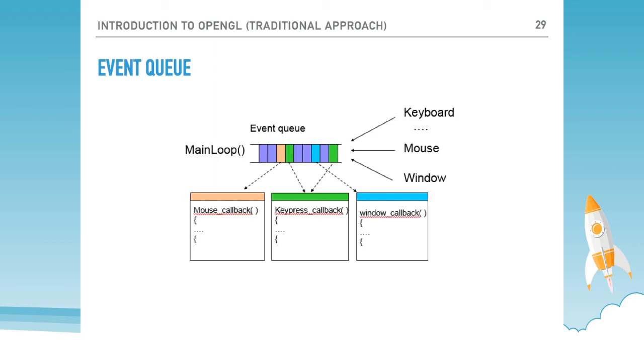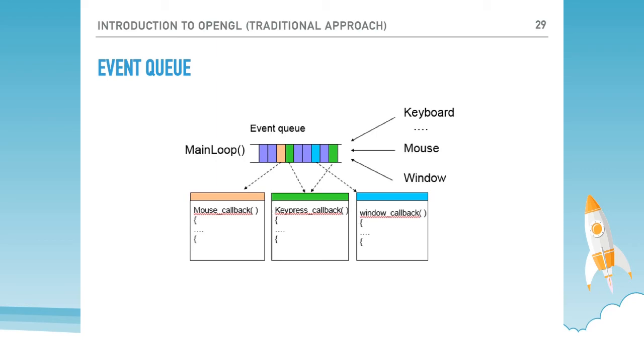In each pass through the event loop, GLUT will look at the events in the queue. For each event in the queue, GLUT will execute the appropriate callback function if one is defined, and if no callback is defined for the event, the event will be ignored.